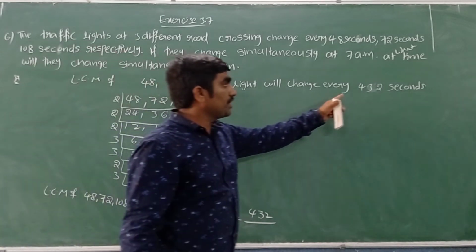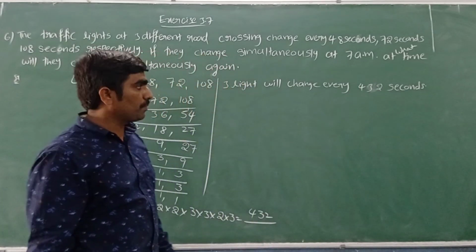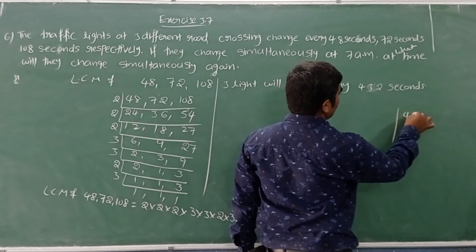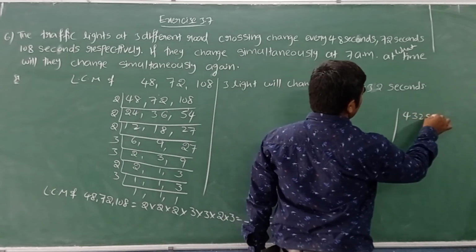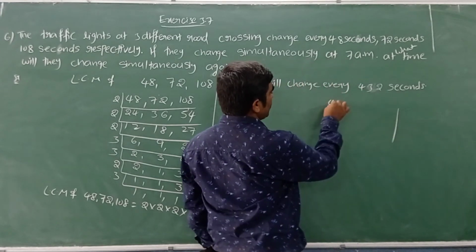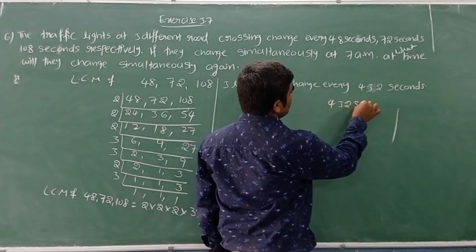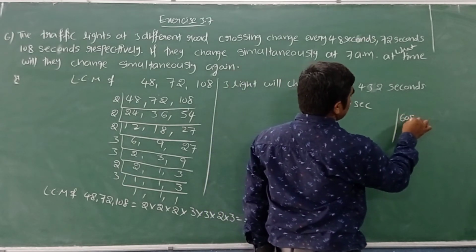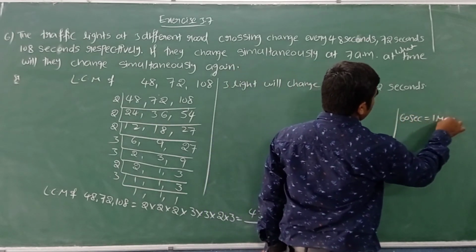So this we need to express in terms of minutes. How can we express it in terms of minutes now? We have 432 seconds, and I want to express this in minutes. We know that 60 seconds is equal to 1 minute.